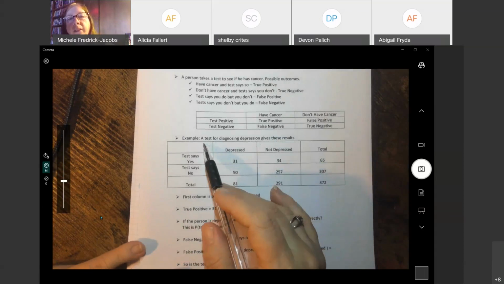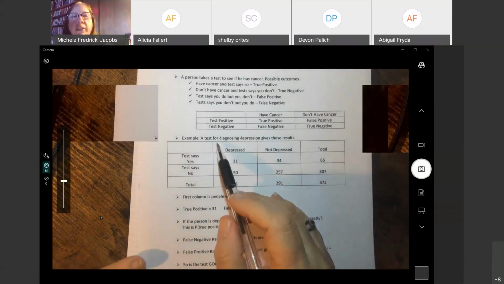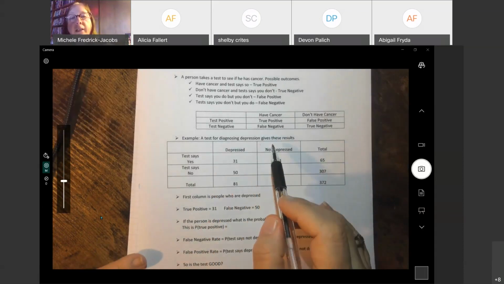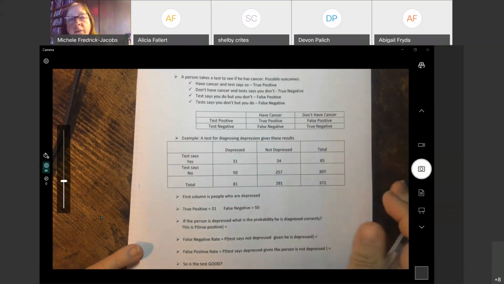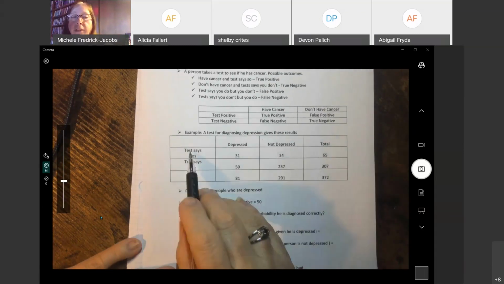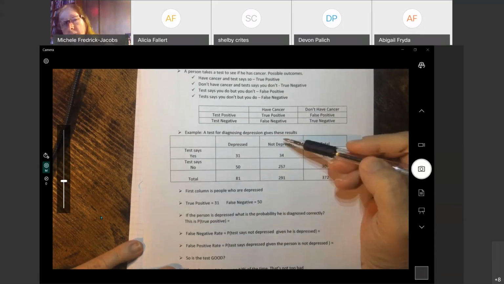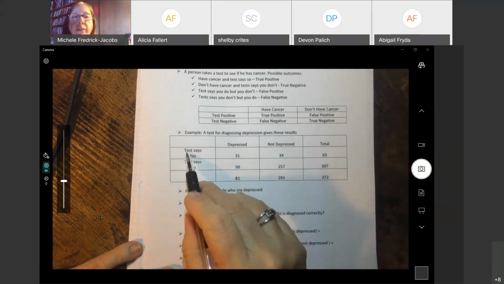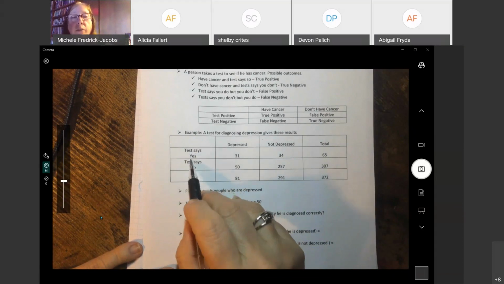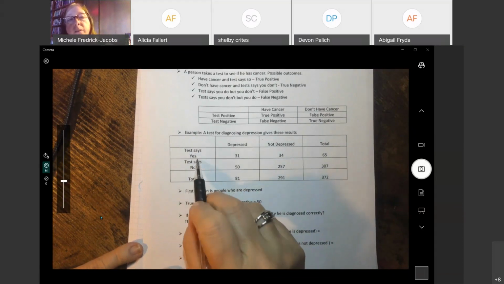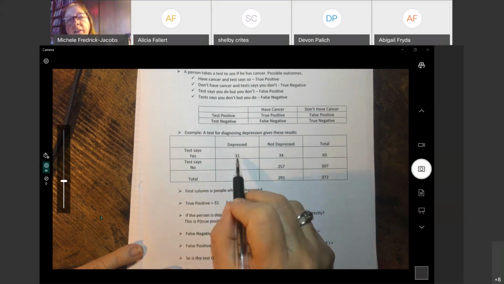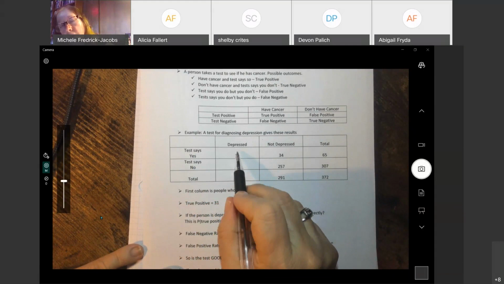This one was an example from your book, a test for diagnosing depression, and it gives these results. Notice what the test says goes across and what the person has goes down. So this would be if the test says yes or no. This one means the test says yes, that you are depressed, and you are.